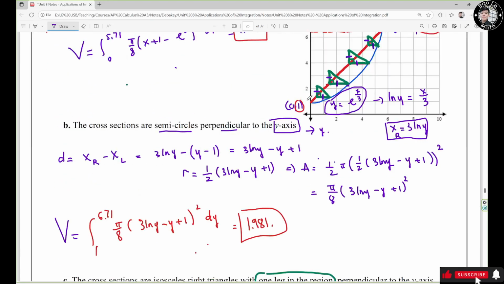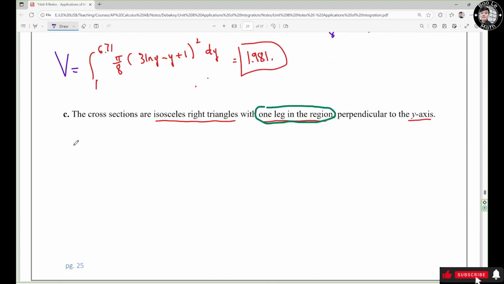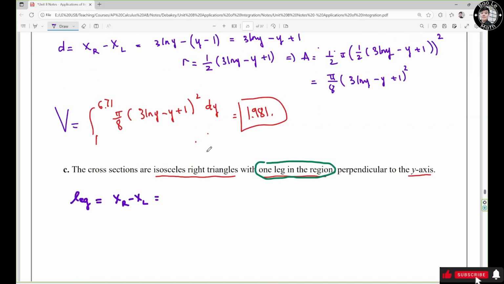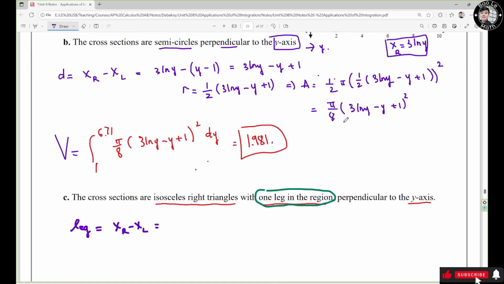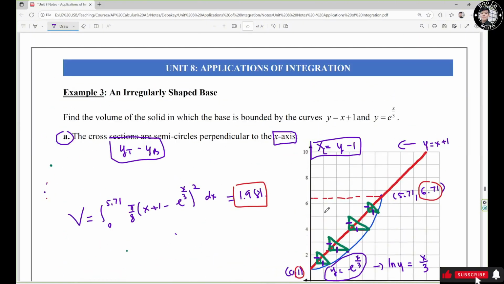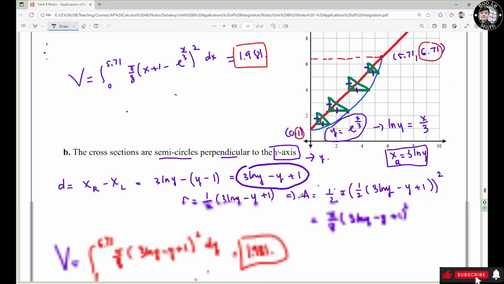Now the leg right here is the difference between s right and s left. So it's going to be 3 ln y minus y plus 1. This leg is actually the base. Now the height should be the same.